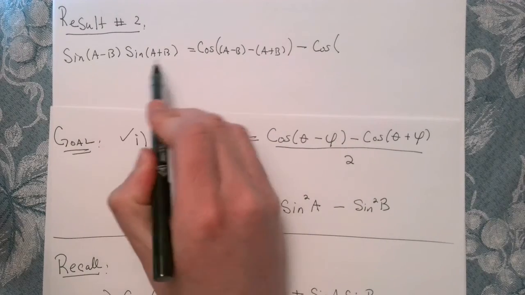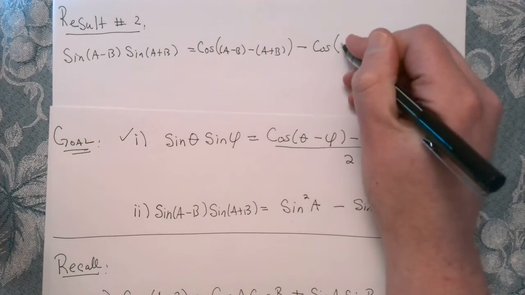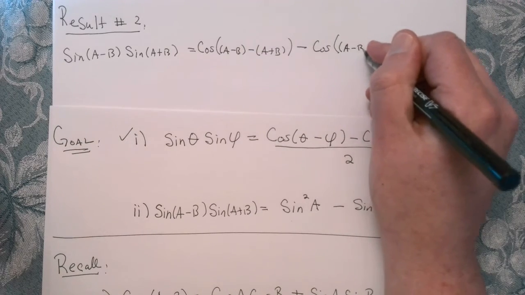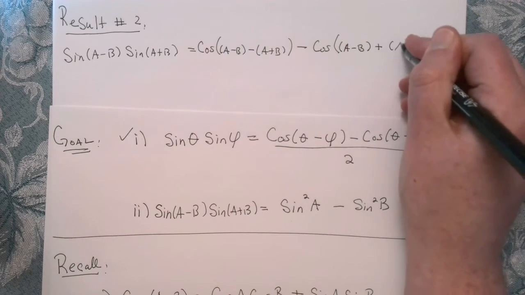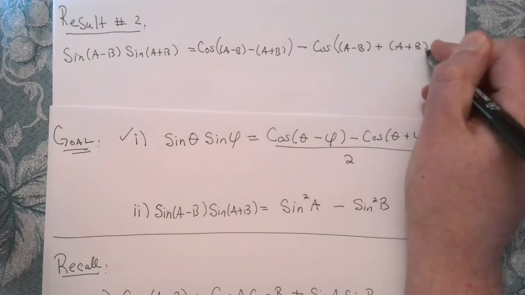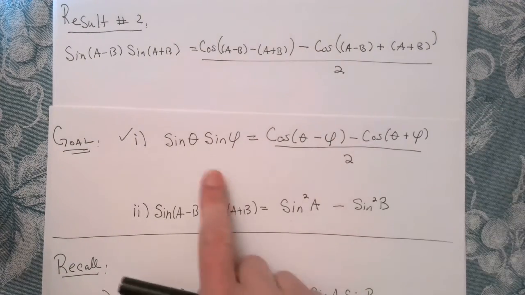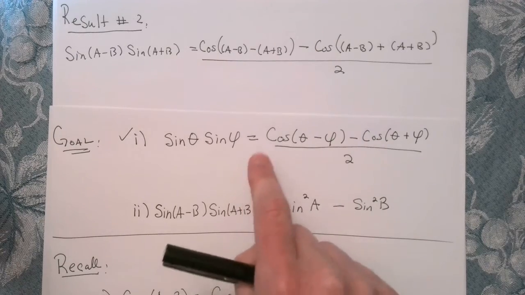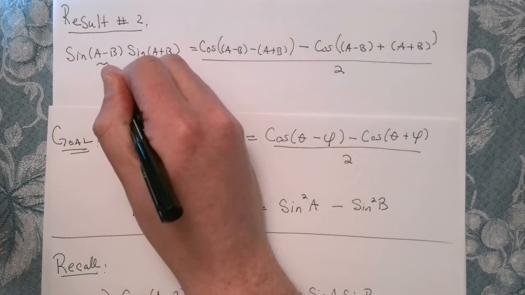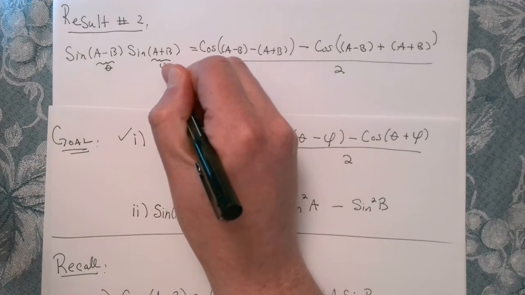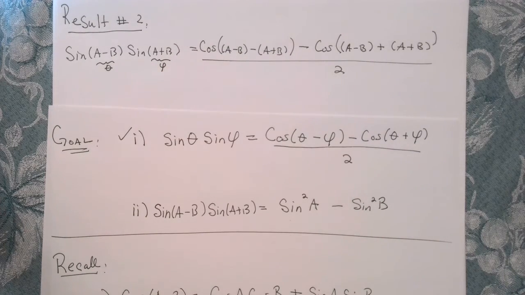So it'd be theta plus phi. That's all over 2. That's using property 1 from before. If you want to note, that's playing the role again of theta. That's playing the role of phi. Okay, great. Let's expand this out.